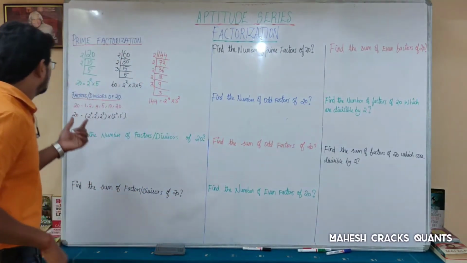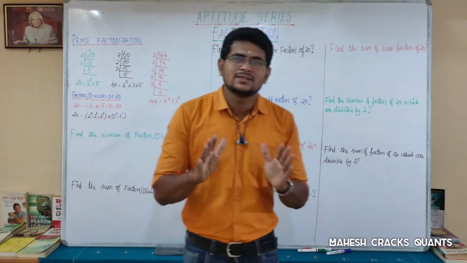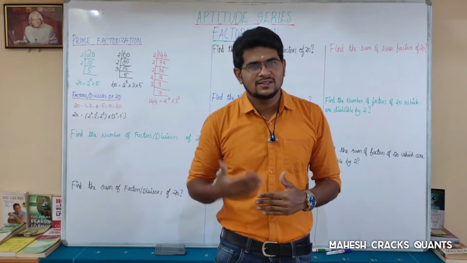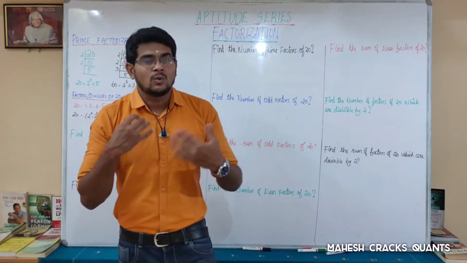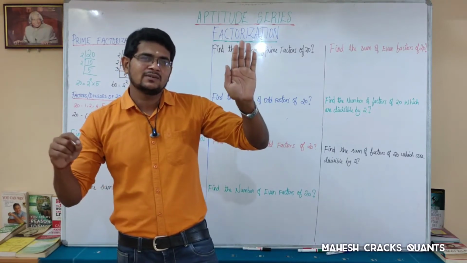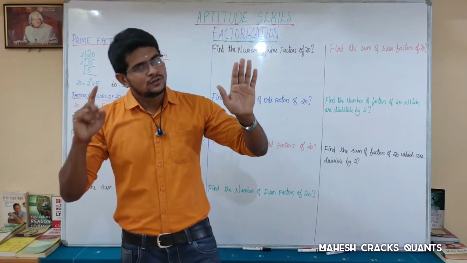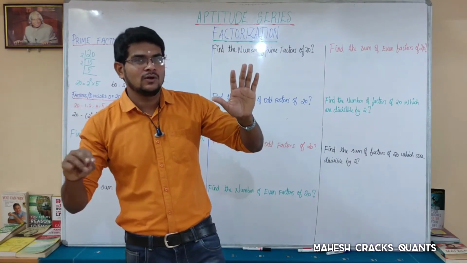Factors or divisors of 20. How many divisors are there for 20? Just tell me what all the numbers are that will divide 20. The first number that divides is 1. Second, 2. Next, 3 will not divide 20. So 4.